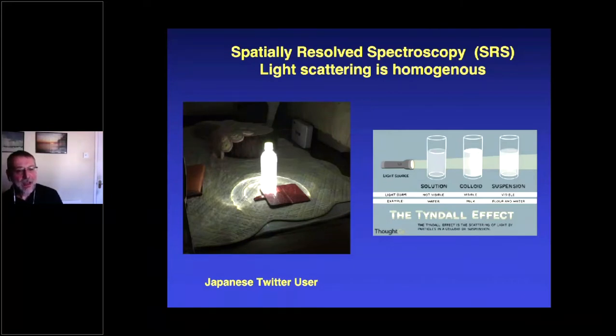And you can see that the white light goes in, and you don't get a single beam coming out. You get an equal distribution of the light from wherever it comes out at all sides. So the scattering, therefore, is the same no matter what the source detector separation is, wherever you're measuring.